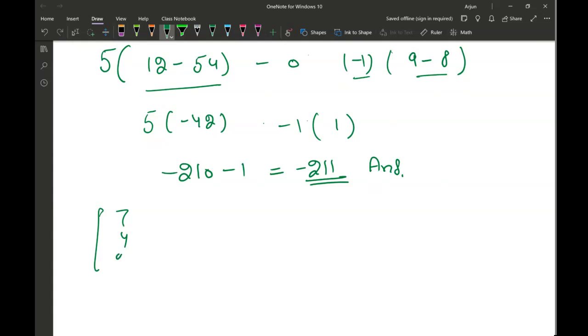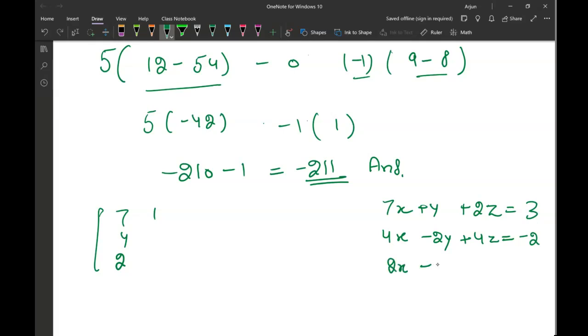The matrices were given to me, and I need to find the x, y, z values. The equations were given in the form of 7x plus y plus 2z equal to 3, then the second equation was 4x minus 2y plus 4z equal to minus 2, and then 2x plus 3y minus 6z equal to 3, and then we need to simplify this question.